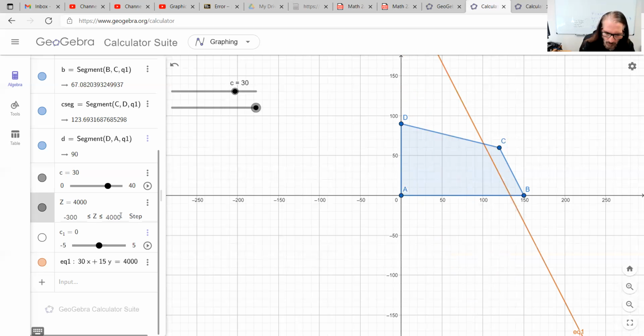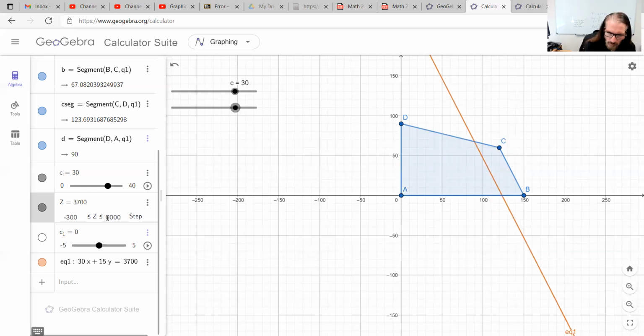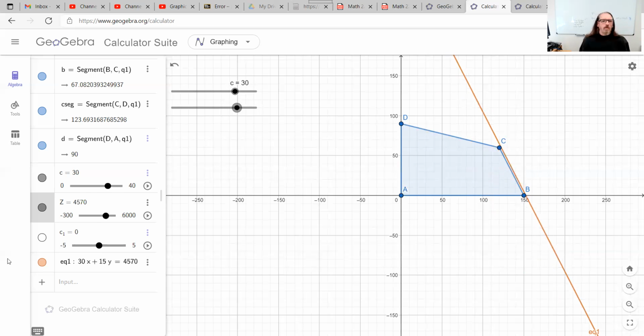It should be becoming clearer that it's parallel, but right around here, getting that to match up with C as one of the things that it encounters.